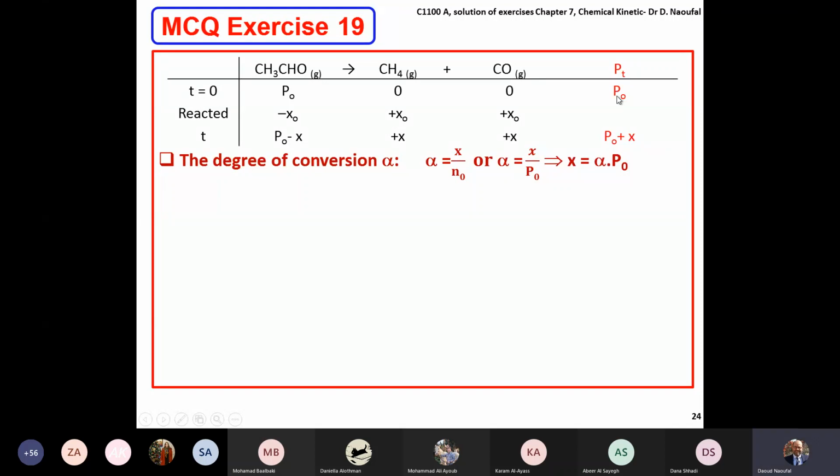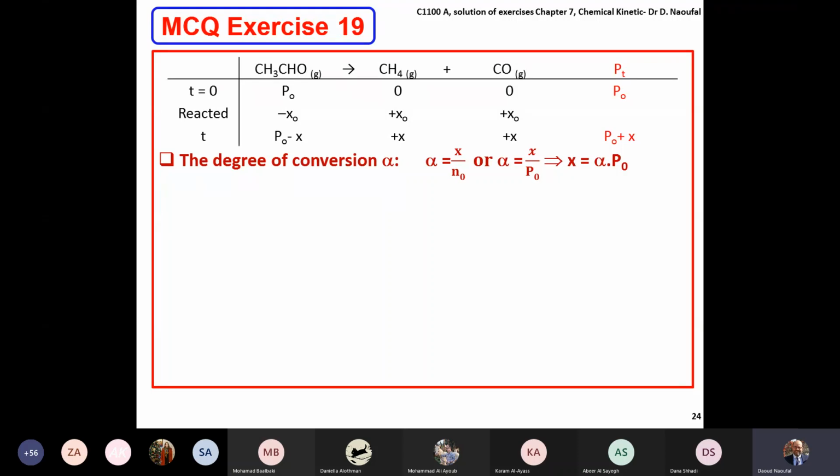The total pressure is equal to the sum of the pressures of all reactants and all products. In the same way, for ideal gases, and in our curriculum all gases are assumed ideal, the total pressure is the sum of the pressures of reactant and product.